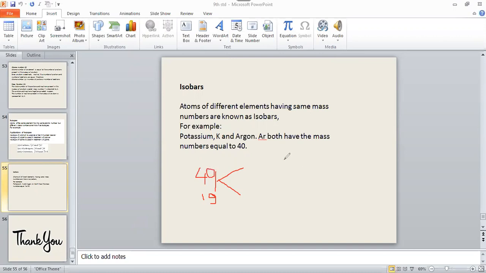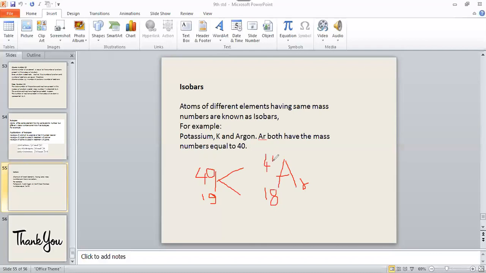The next element is argon, having symbol Ar. The atomic number of argon is 18 and the mass number here is 40.